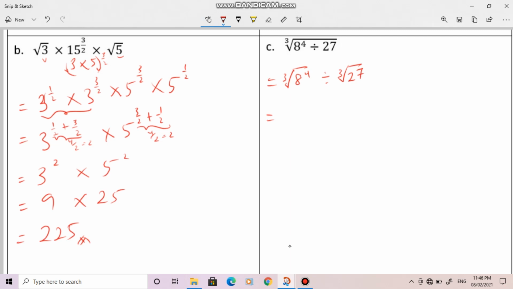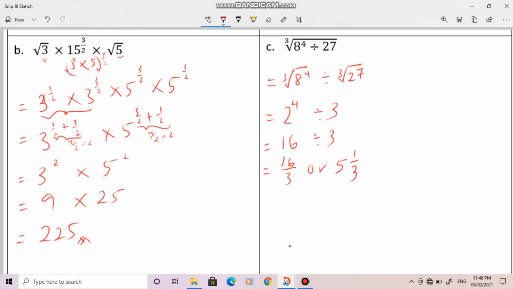Cube root of 8 is 2 power of 4, and then divide by cube root of 27 which is 3. 2 power of 4, 16, divide by 3. Because the question asks you to find the value, you can write in the form of fractional number. So 16 over 3, or you can give your answer 5 and 1 over 3.